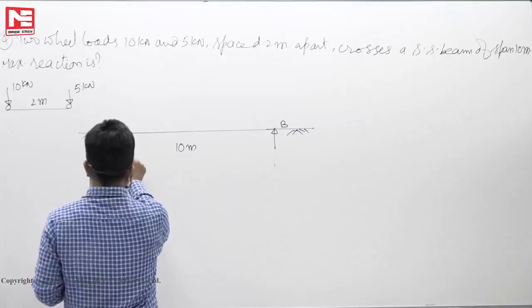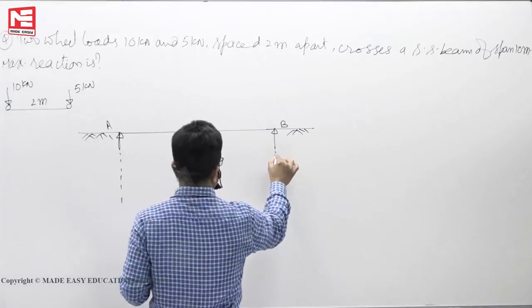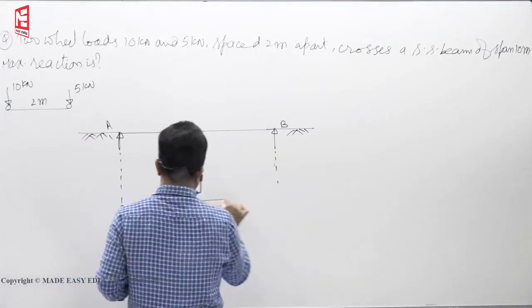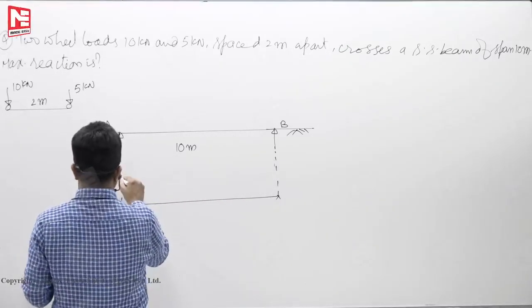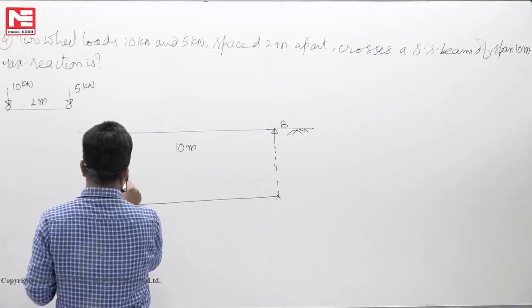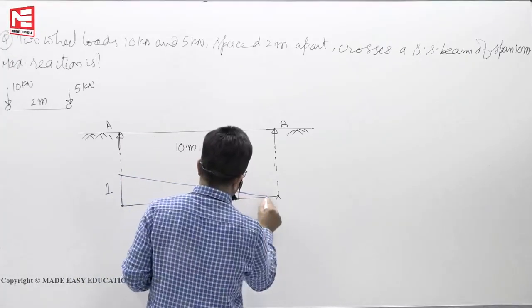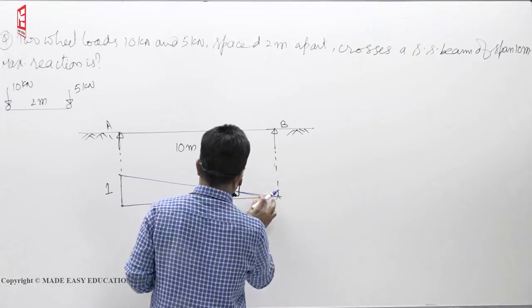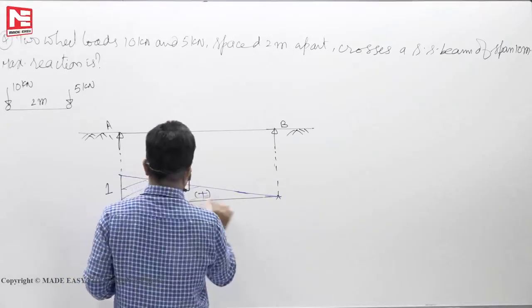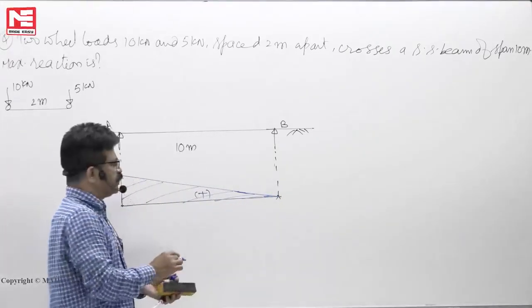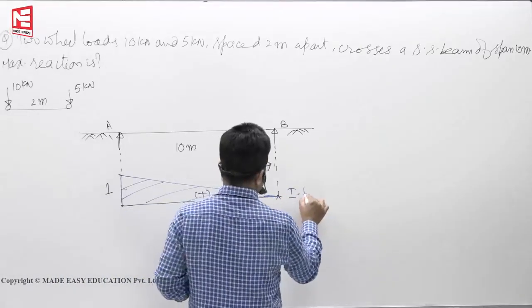ILD for VA, if you draw, this is 1, plus. This is ILD for VA, we know.